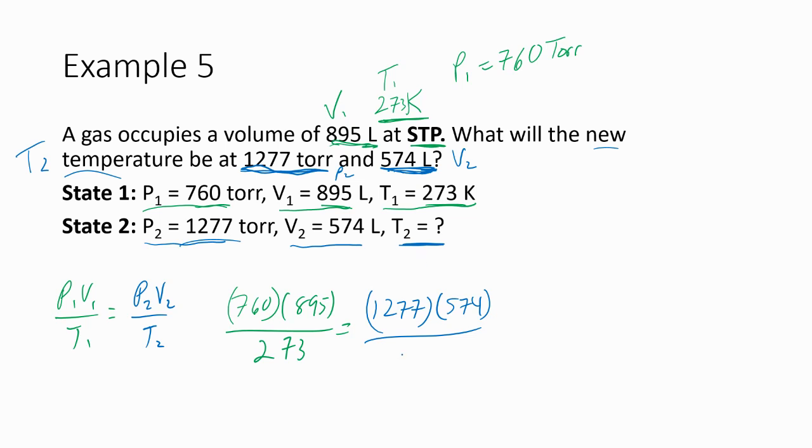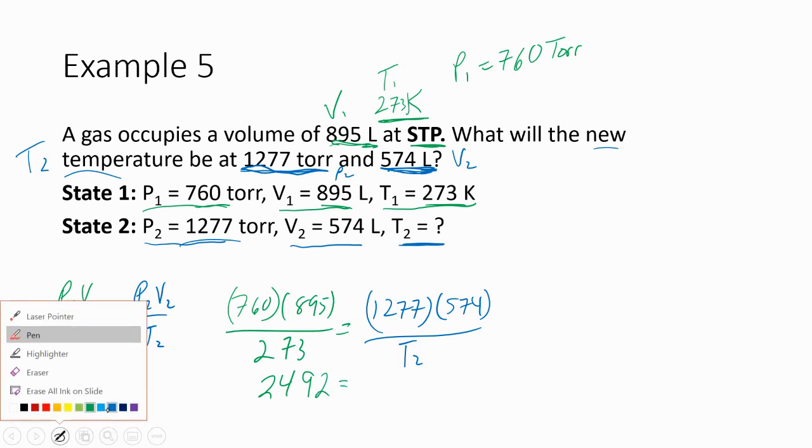And our T2 is what we're looking for. So again, we can turn that green stuff into a number, 760 times 895 divided by 273. So this becomes 2491. You can say 92 even.